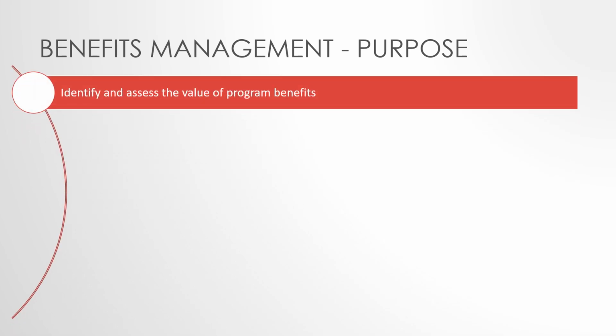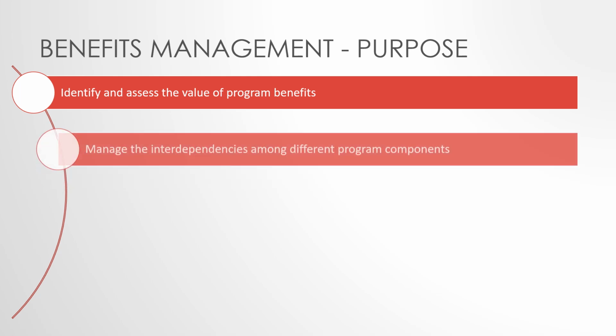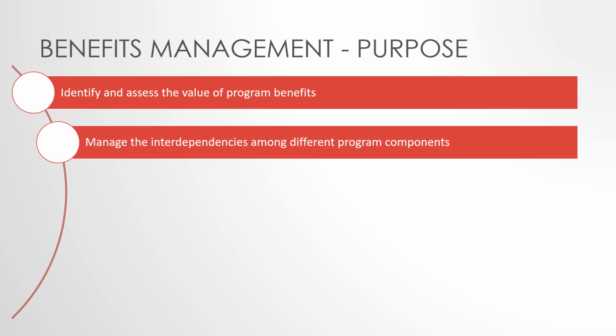So program managers continually employ benefits management in order to identify and assess the value of program benefits. As said in our last video, programs must bring value to their organizations aligned with their strategic goals. Manage the interdependencies among different program components.